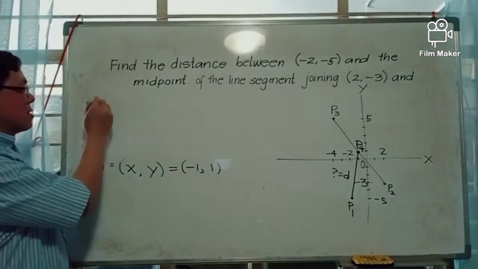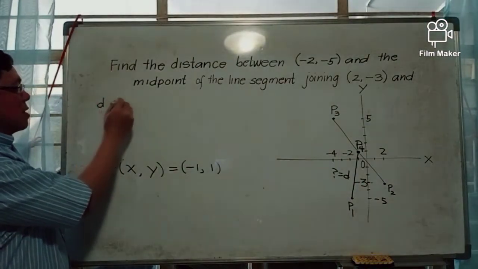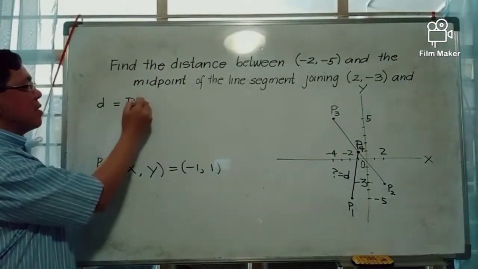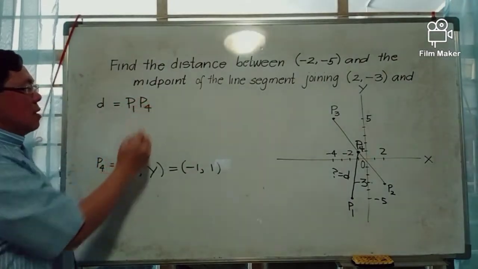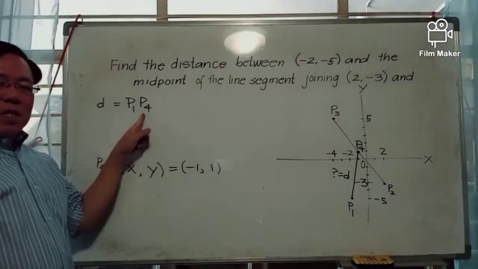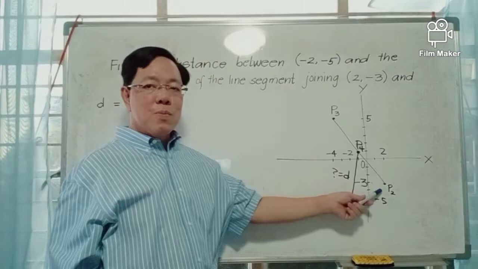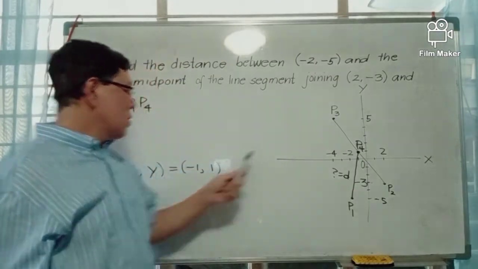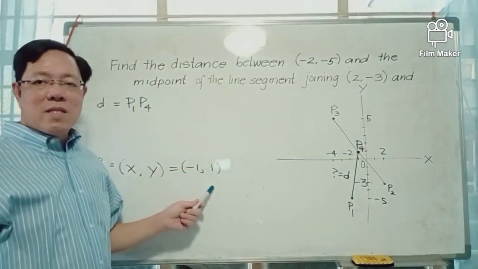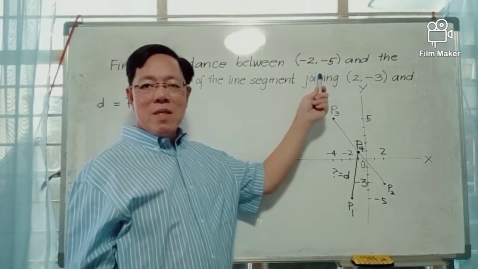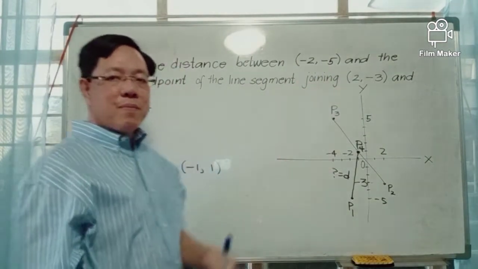The distance D is the distance between the points P1 and P4, where P4 is the midpoint of the line segment through P2 and P3 with coordinates -1 and +1. And the point P1 is the given first point -2, -5.